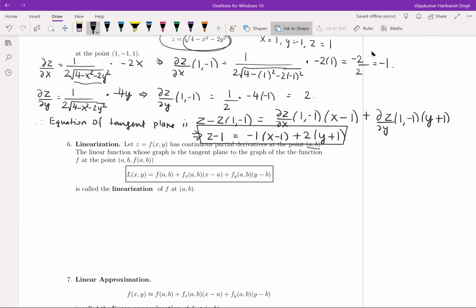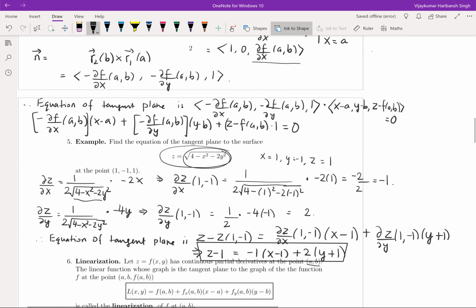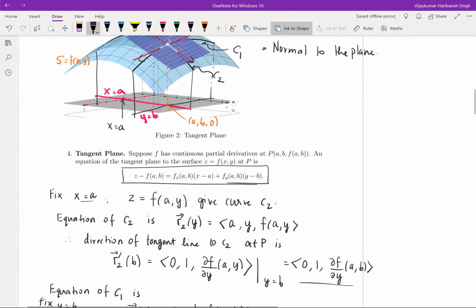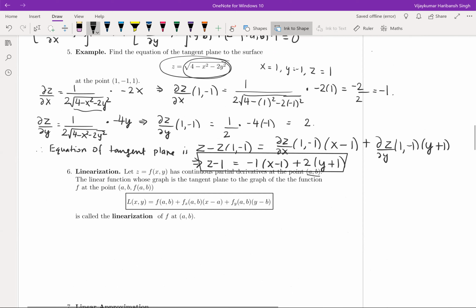And if you look at the linearization of the function at ab, it represents the tangent plane, right? Because the equation is given by z minus f of ab equals fx of ab times x minus a, plus fy of ab times y minus b.